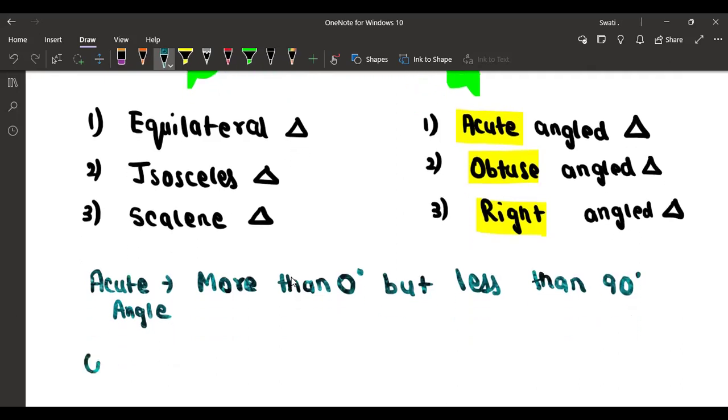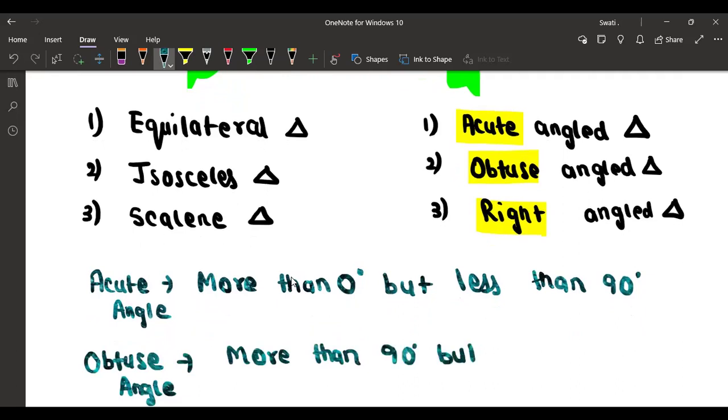Next is obtuse angle triangle. So for obtuse angle triangle, let us understand the meaning of obtuse angle. Tell me, what is the meaning of obtuse angle? More than 90 degree, but less than 180 degree, right? That is the meaning of obtuse angle. Now, what is the meaning of obtuse angle triangle?